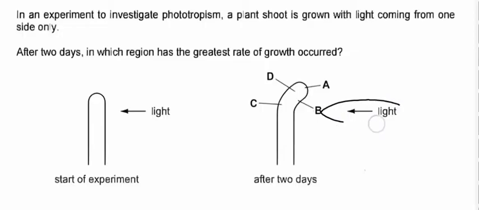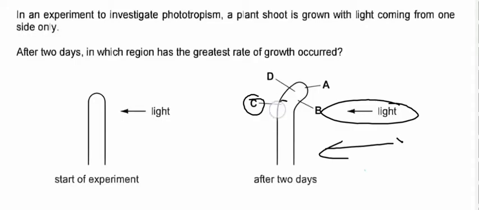If the direction of light is from this side, the west side, the auxins can't be at B, because they would be denatured. They are going to be at the shadow part, which is C. Once they are at C, the auxins are going to promote growth. So the answer here is C.